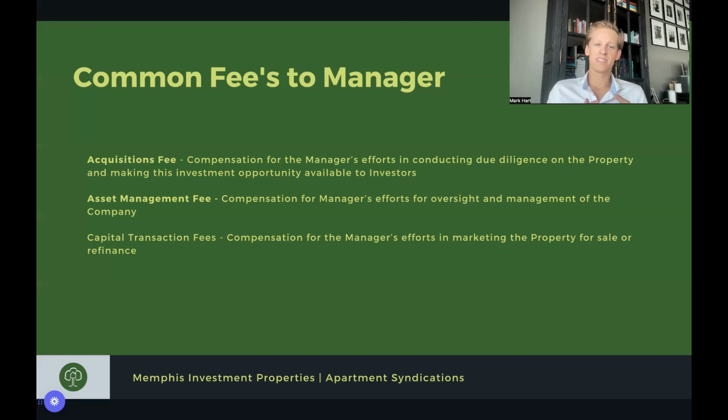Then next up is the asset management fee, which is the compensation for the manager's efforts for oversight and management of the company. Essentially, you always have a property management company in place, but with an asset of this size, you have to manage the managers. Might sound a little weird if you're not familiar with this space. If you're in the single family home space and you only have one asset, the property management company can really be on autopilot.